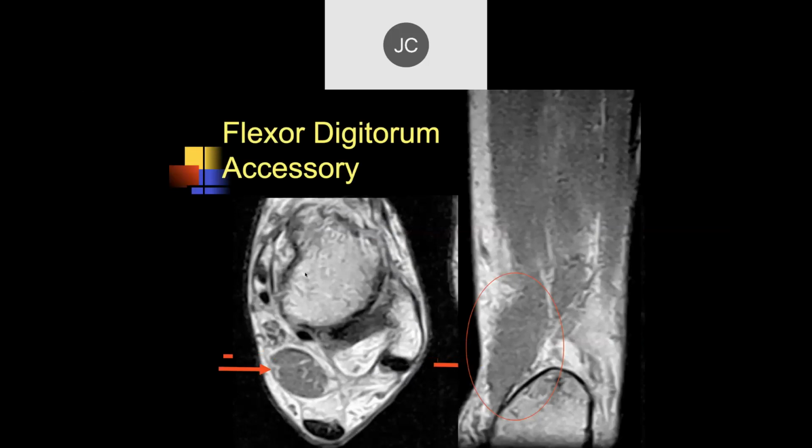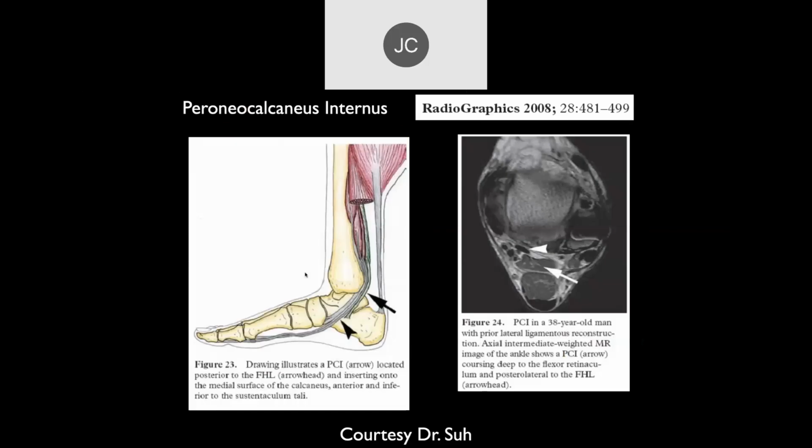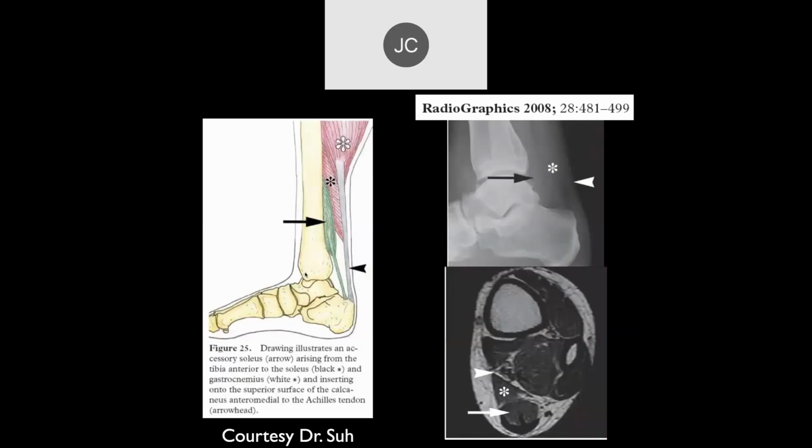There are a lot of different anomalies here. The vast majority of these are not important, except when you see some injury or abnormality and there's a structure that doesn't fit into the normal anatomy, then you just might have to look it up and see what structure it is.